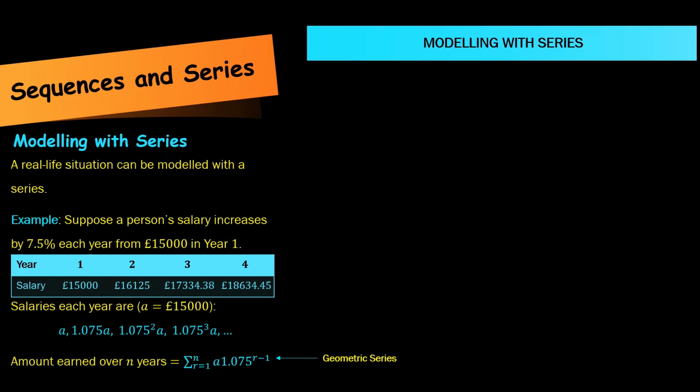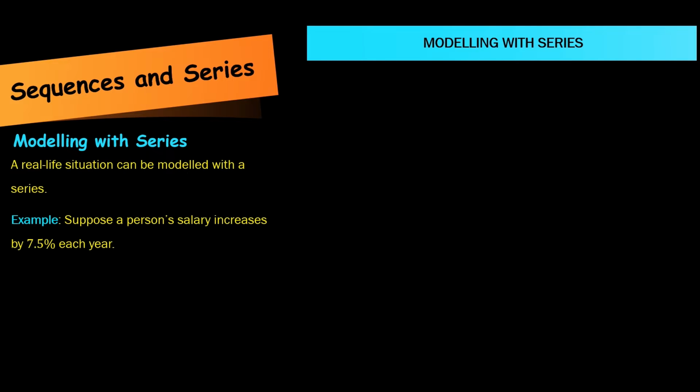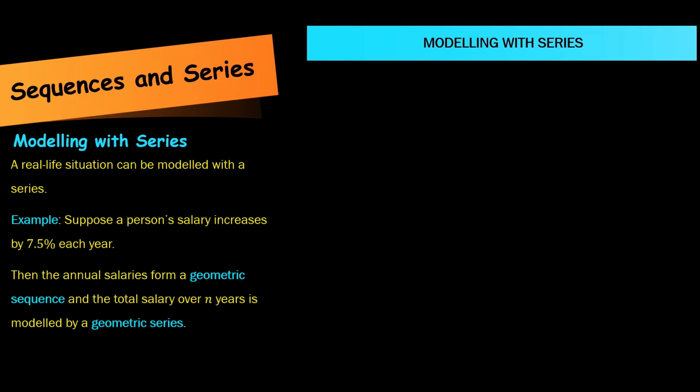So sum from r equals 1 to n of a times 1.075 to the power r minus 1. And as you can see, this is a geometric series. So annual salaries in this example form a geometric sequence, and the total salary over n years is modelled by a geometric series.